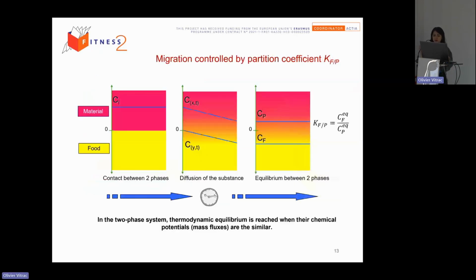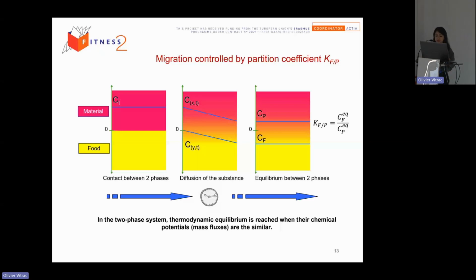Among all of the data, I will just talk about two properties. These are the most difficult to get, the most important properties. The first one is the partition coefficient, called KFP. The KFP is defined by the ratio of the concentration of the substance in food divided by the concentration of the substance in the packaging at thermodynamical equilibrium.